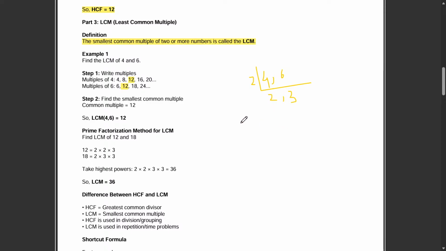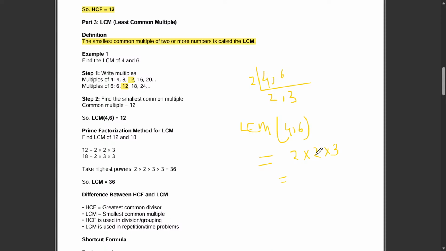So LCM of 4 and 6 will be 2 into 2 into 3.